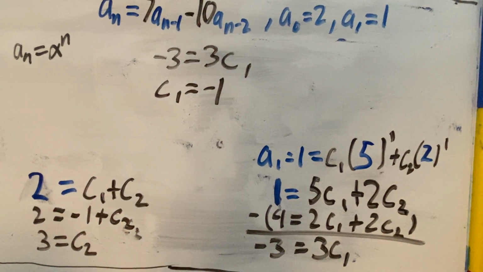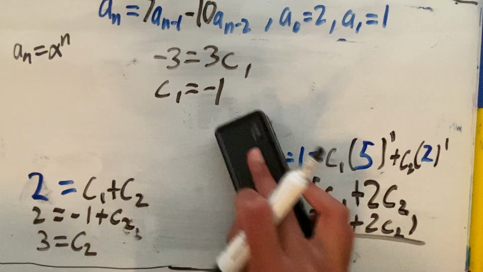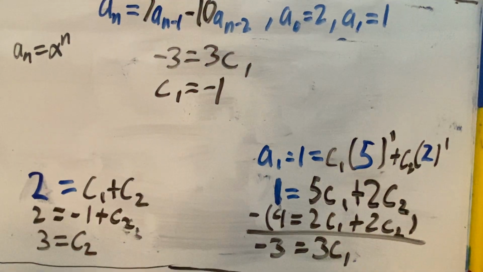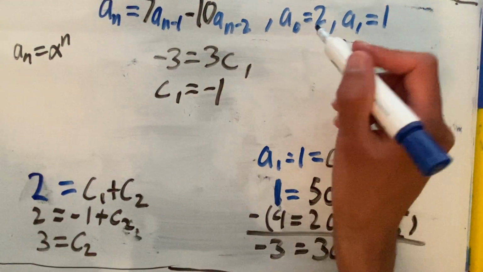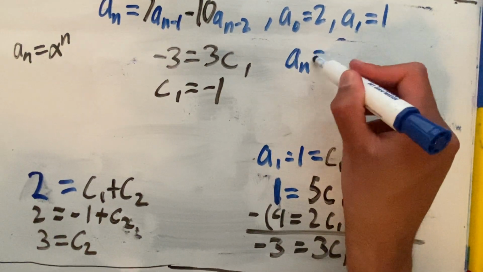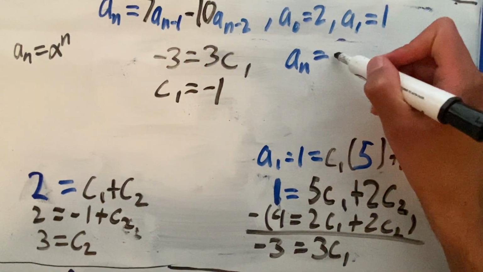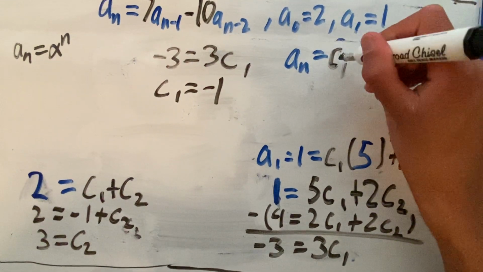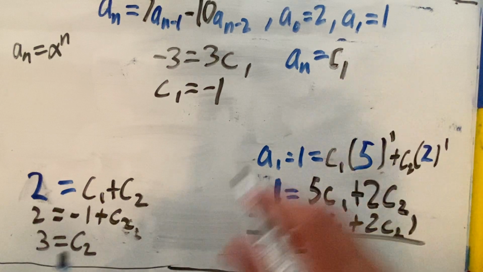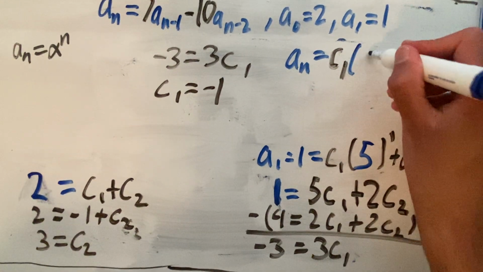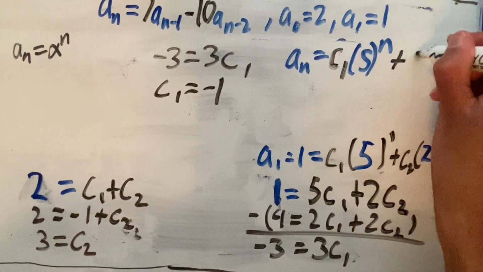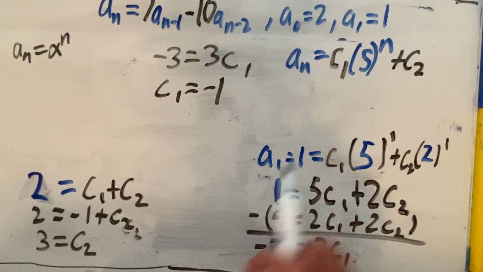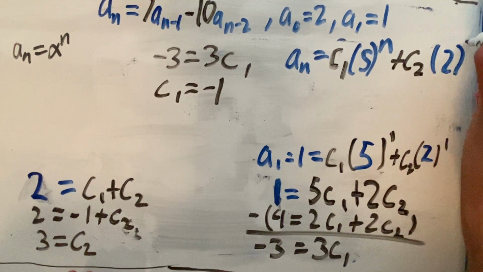Maybe there's one thing that I shouldn't have erased, which is where these values of c were supposed to be plugged in. But the initial goal was to have a sub n equals c1 times 5 to the n plus c2 times 2 to the n.